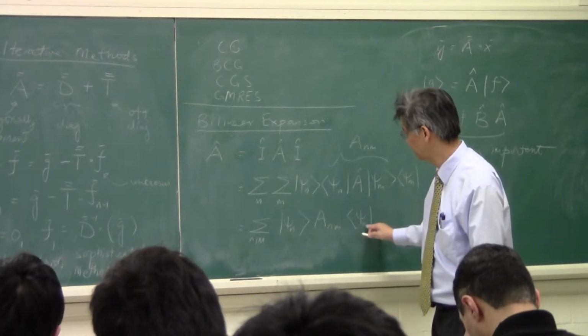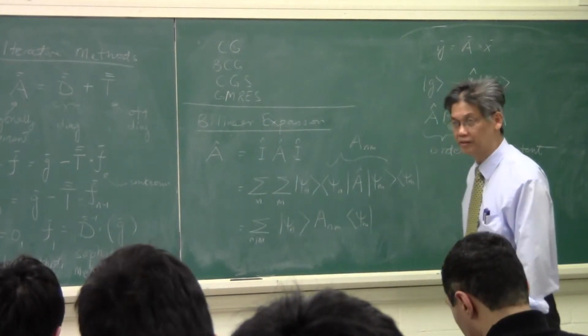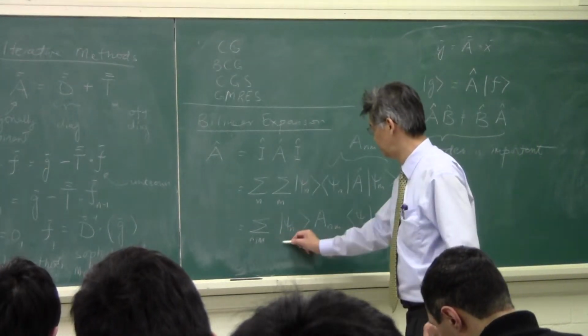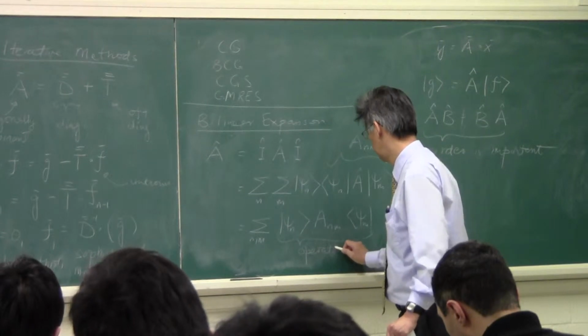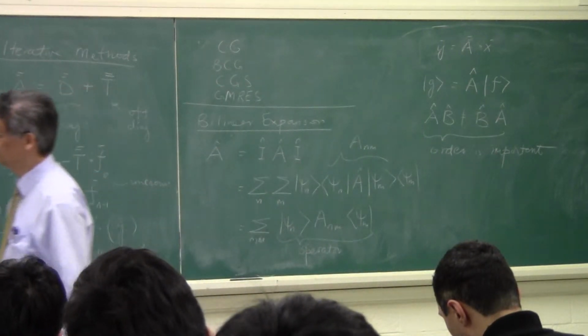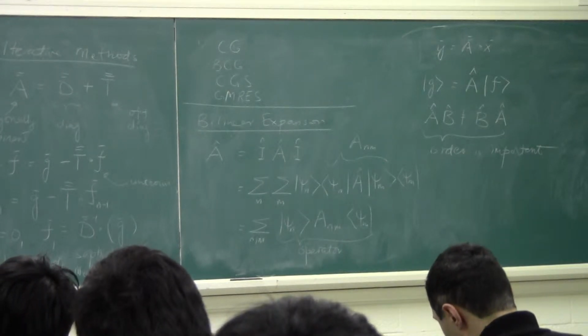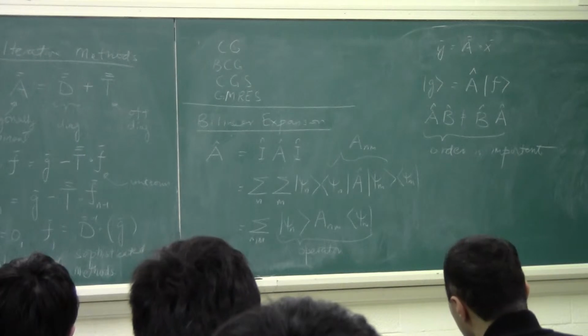And because they're transpose of each other, this outer product will still make this behave like an operator. Okay? So each of these terms still behaves like an operator because the outer product between two vectors, similar to this one over here, forms an operator.